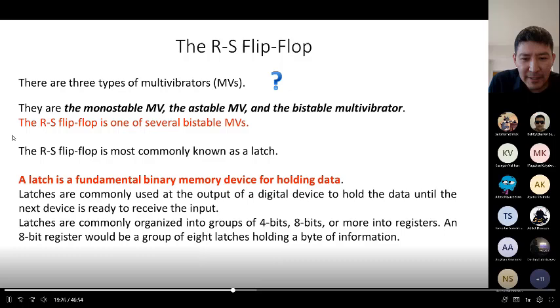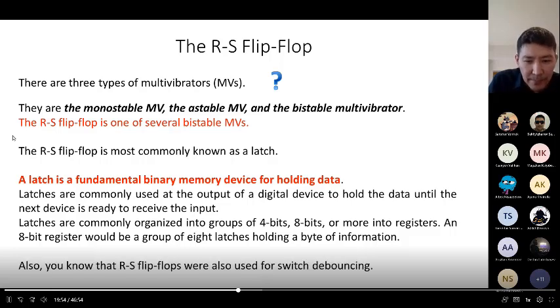Latches are commonly organized into groups. In the lab, we will use 4 bits, 8 bits, and more in a register. We will study registers in a future lecture. For example, an 8-bit register can hold a byte of information. You should know that a byte is 8 bits, right?